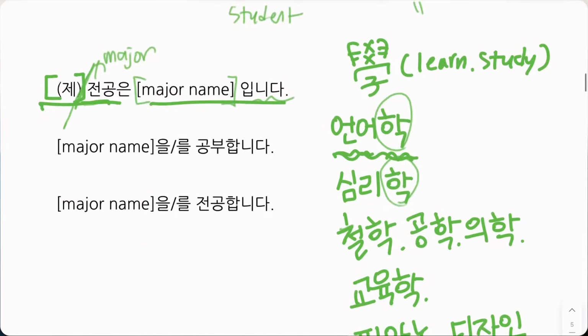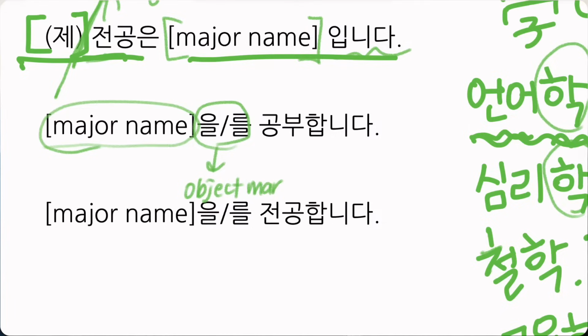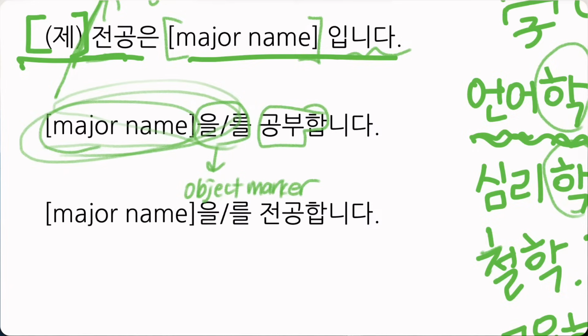Alright. 그리고 another way you can say what your major is is by saying your major name을. 을 is an object marker. And since this is the object of a sentence, it has to be followed by a transitive verb. So 공부하다 means to study. So you're saying you study this major. Very simple, right? major name을 공부합니다.